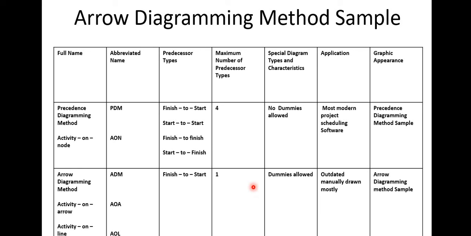So you won't be able to modify or have the options of the other three predecessors. Like I said, ADM is old and no longer in use, whereas PDM is the foundation for most scheduling software today.